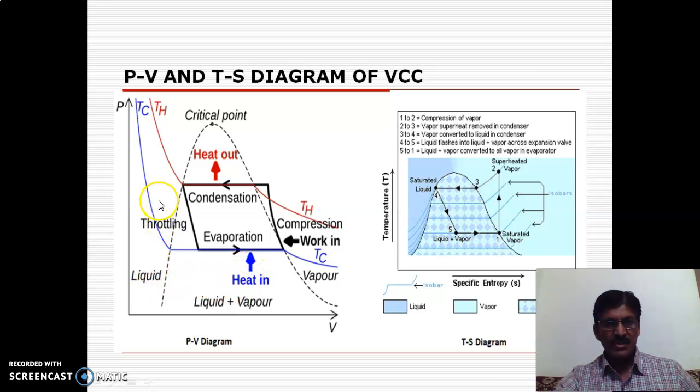So in this region you can see a subcooled region, then a liquid plus vapor region, and a superheated region. So this is your typical TS diagram, in which we already studied these processes 1 to 2, 2 to 3, 3 to 4, 4 to 5 and 5 to 1. So here we are getting the refrigerating effect during the process 5 to 1.